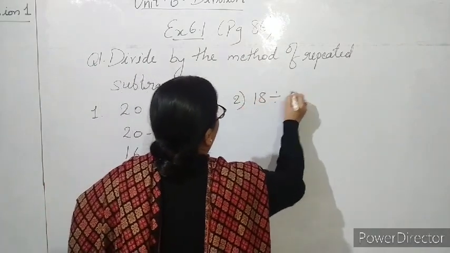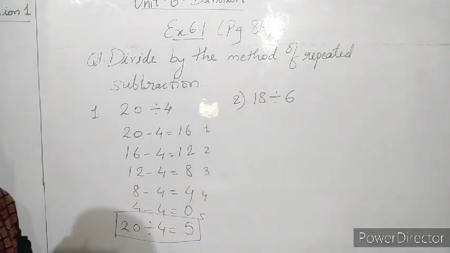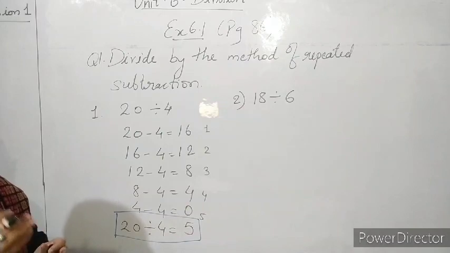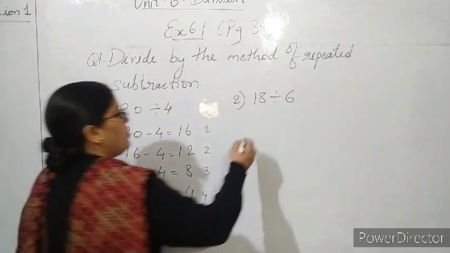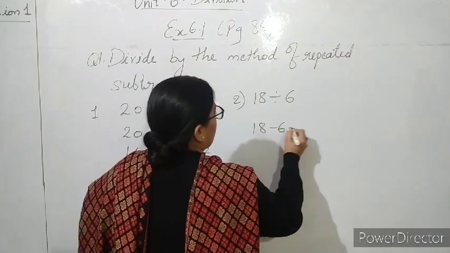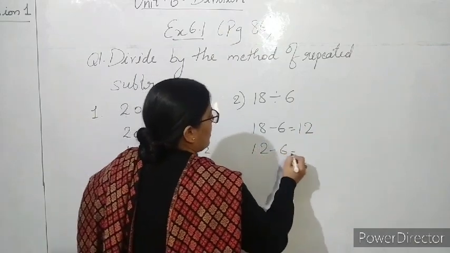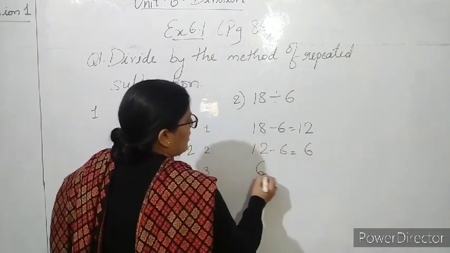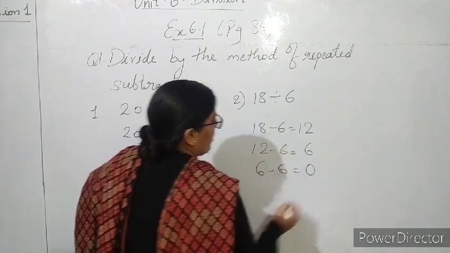The next question is 18 divided by 6. Now here we'll subtract 6 from 18 till we get 0. So 18 minus 6 is equal to 12. 12 minus 6 is equal to 6. And 6 minus 6 is equal to 0.